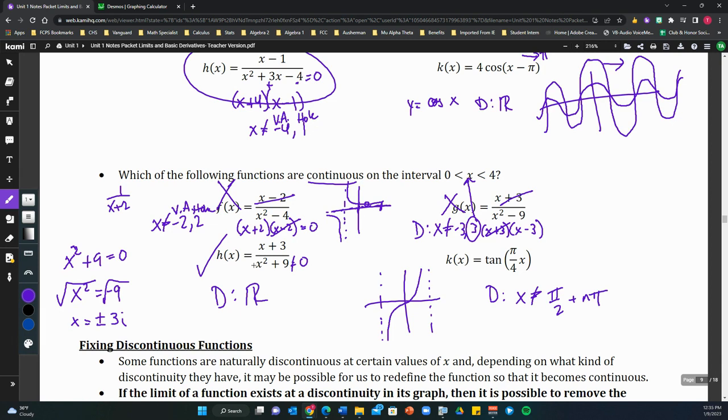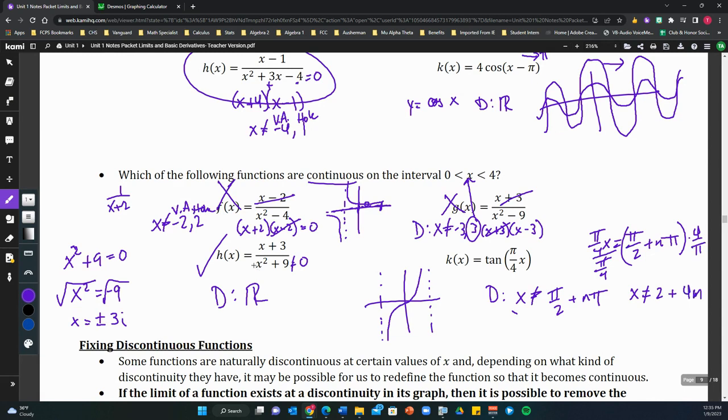But if I manipulate that argument with that b value of pi over 4, then we have to solve this guy. And let's see, we're going to take pi over 2 plus n pi, divide all of those by pi over 4, which is just like multiplying all of this by 4 over pi. So we would get the new domain to be x cannot equal 2 plus 4n.